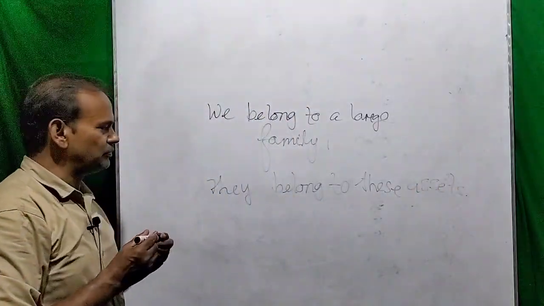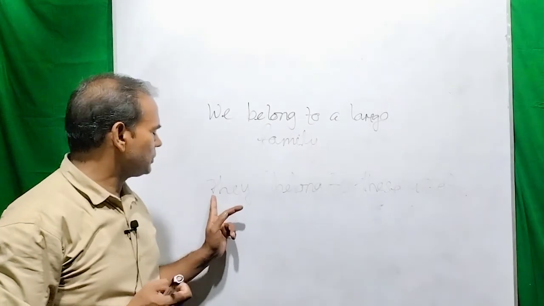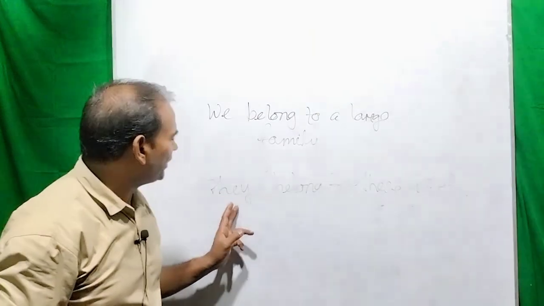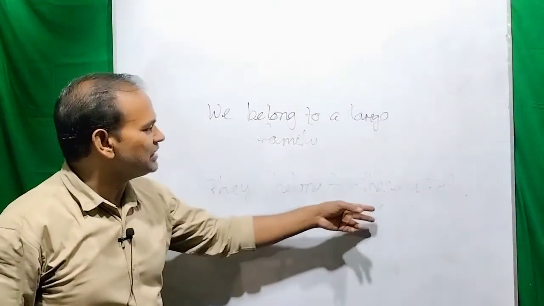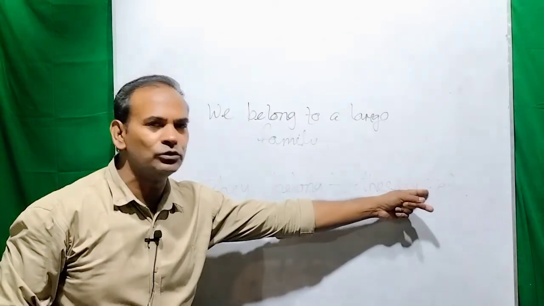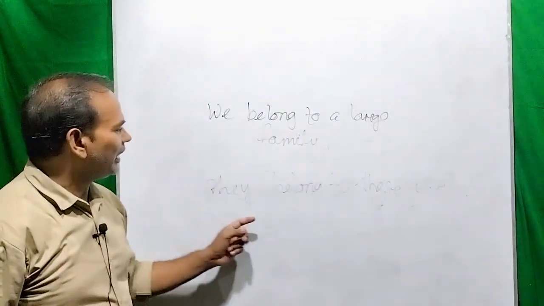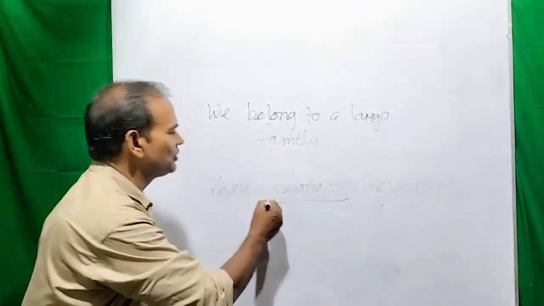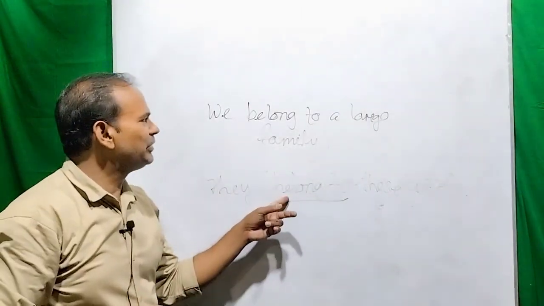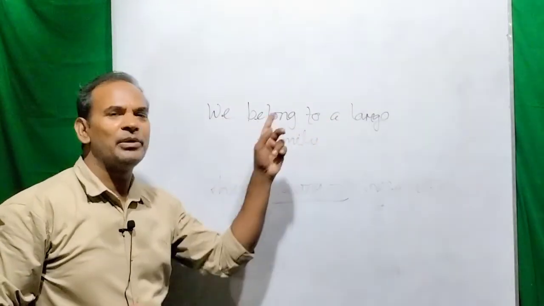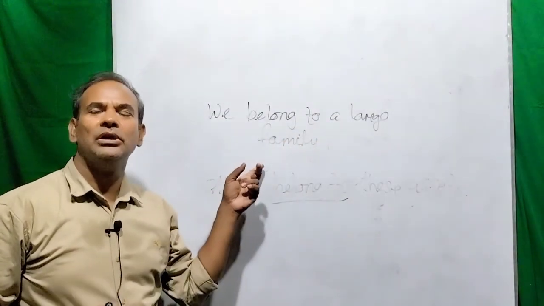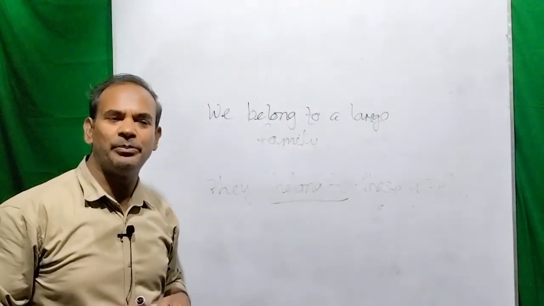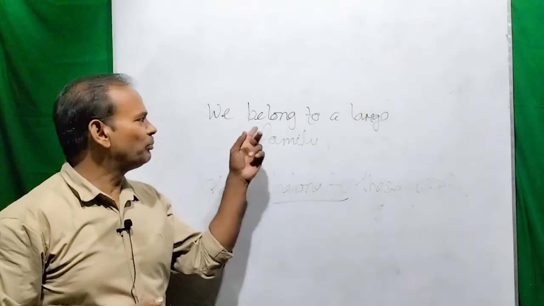Dear viewers, please try to take a look at, though the handwriting is not so good, there may be a difficulty for you, but I am telling you that they belong to these assets. This belong to is a verb of possession, so it has been used in the present indefinite tense. And we belong to a large family. This is also a present form, belong to, and is used in the present indefinite tense because this is a verb of possession.